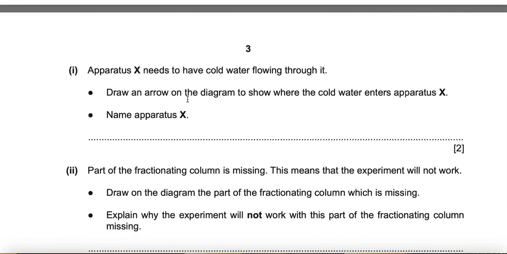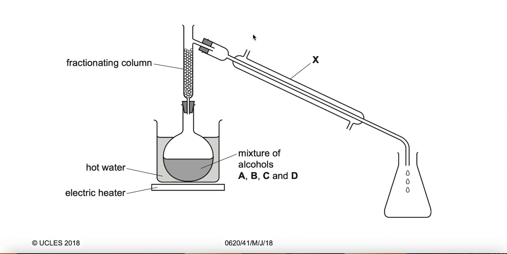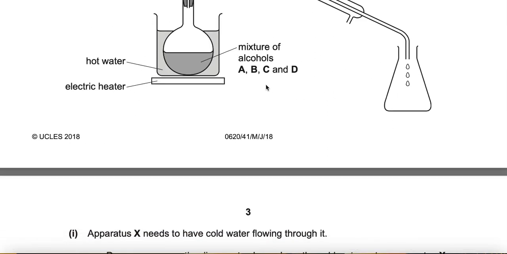Draw an arrow on the diagram to show where the cold water enters apparatus X. The cold water enters from here, so we just draw an arrow to show that the cold water is coming in from here.